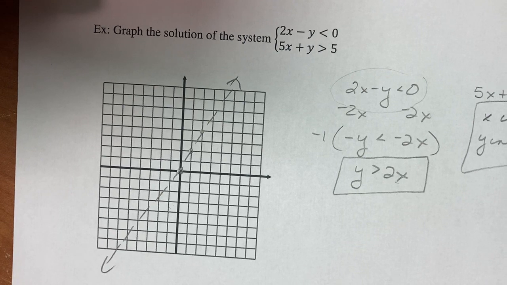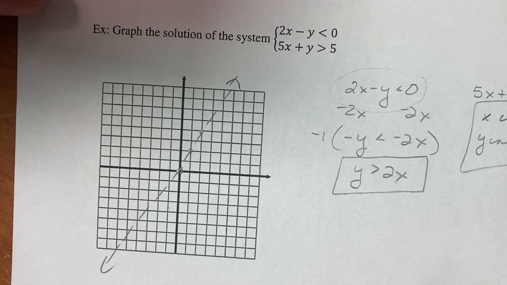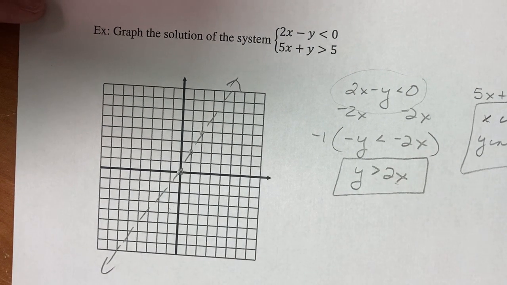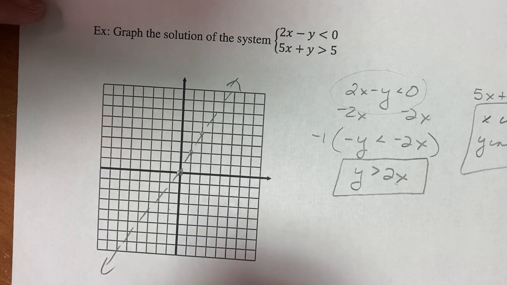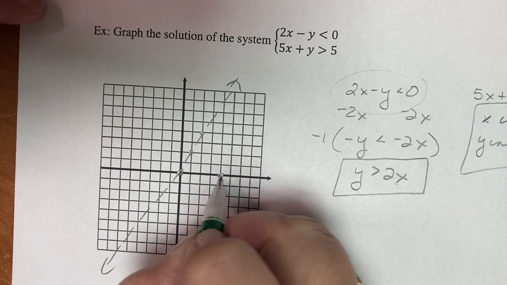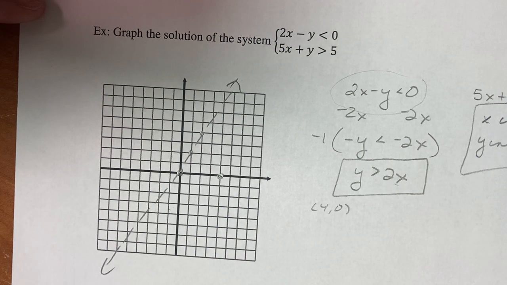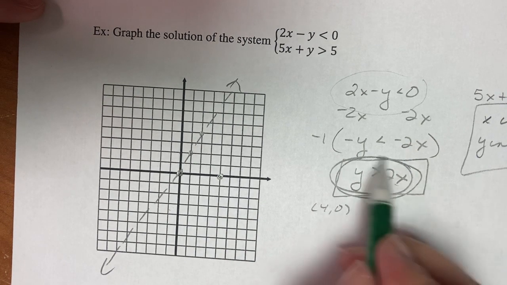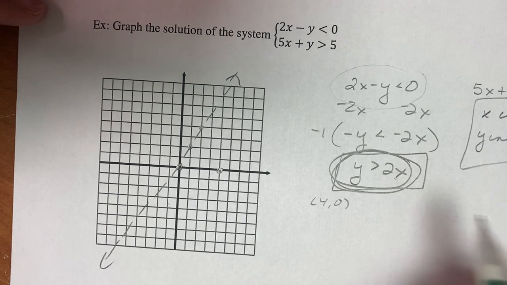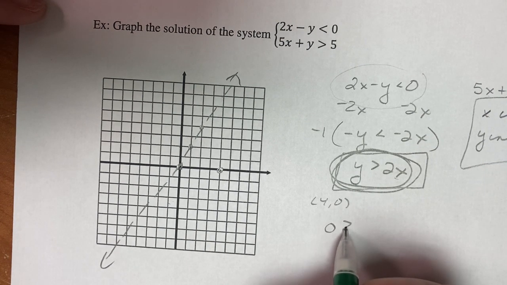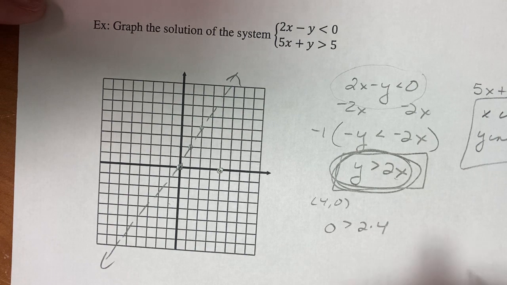I have to figure out where to shade. So I'm going to pick a different test point other than 0, 0. I'm going to pick this test point right here. That test point is 4, 0. And I'm going to plug it into here and see if it works. So y is 0, is greater than 2 times x, which is 4.